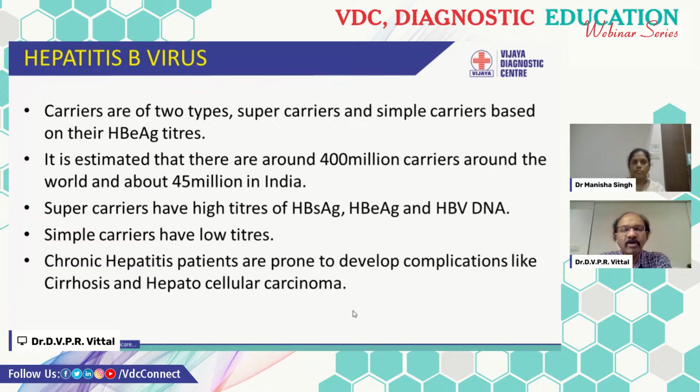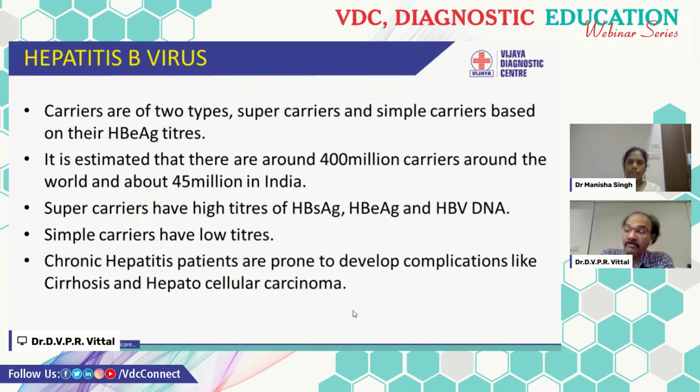A very low dose, 0.00001 microliters of the antigen, is enough to cause infection in hepatitis B. Simple carriers are carriers who have low titers of the particular antigens I have explained, that is, hepatitis B surface antigen, the envelope antigen, as well as the viral DNA.